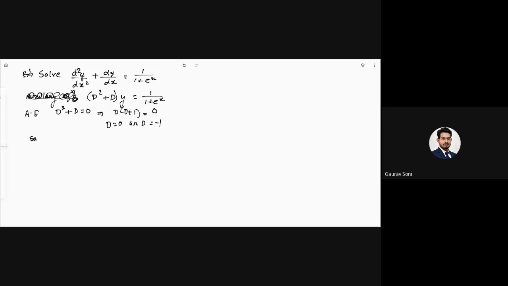So yc is equal to c1 e to the power 0 into x plus c2 e to the power minus 1 into x, which is c1 plus c2 e to the power minus x. This is your yc.